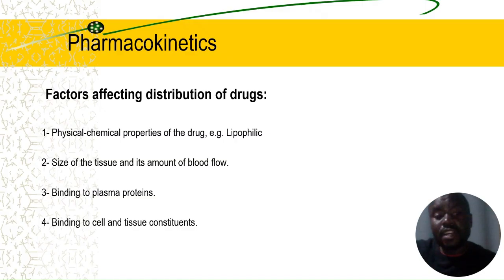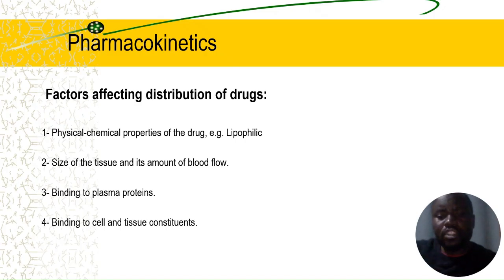Another factor is the amount of blood flow and the size of the tissue, which will determine whether some of the drug will be lost into those tissues, because the more the drug is delivered to a particular tissue, the higher the chances of it being lost into those tissues.